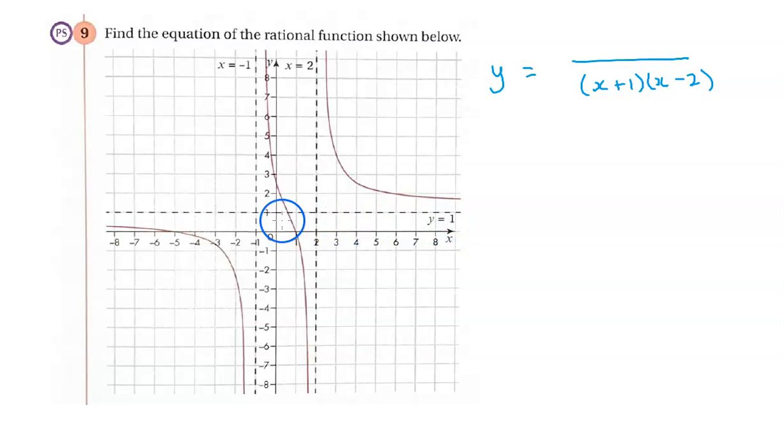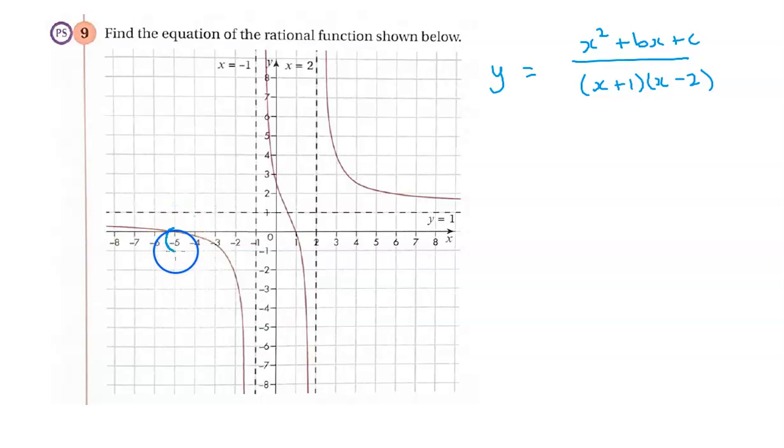And we also know, since that horizontal asymptote is y equals 1, the coefficient of x squared on the top has to be 1, because the coefficient of x squared on the bottom is 1. So we know it's going to look something like this: x squared plus bx plus c. And then to find b and c, I think we're allowed to use these x-intercepts.